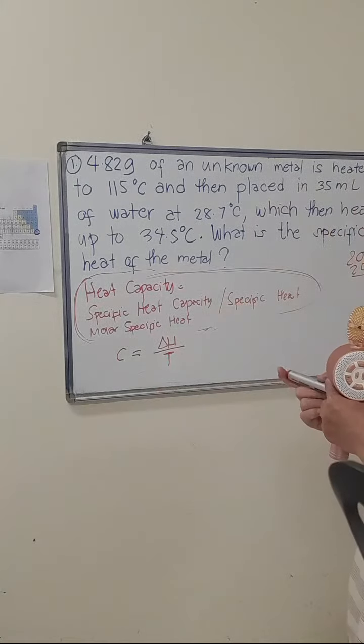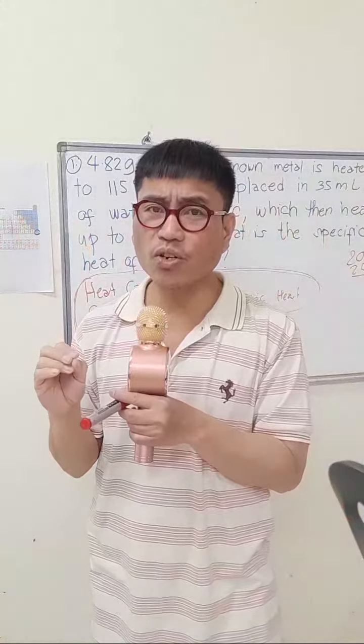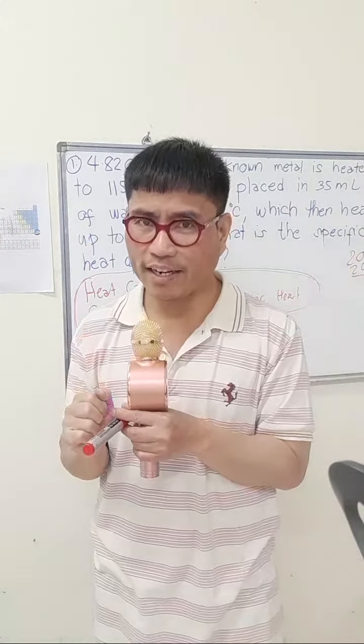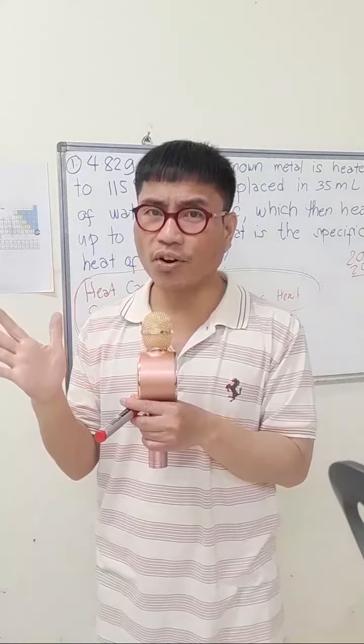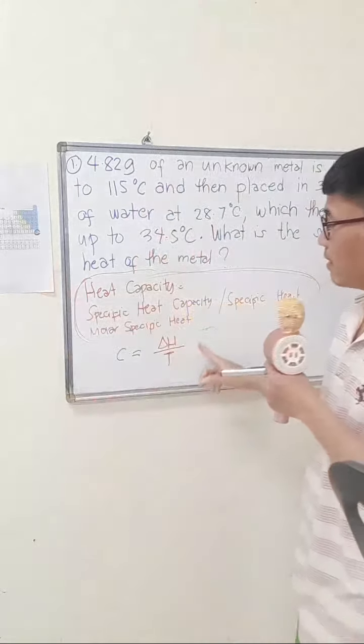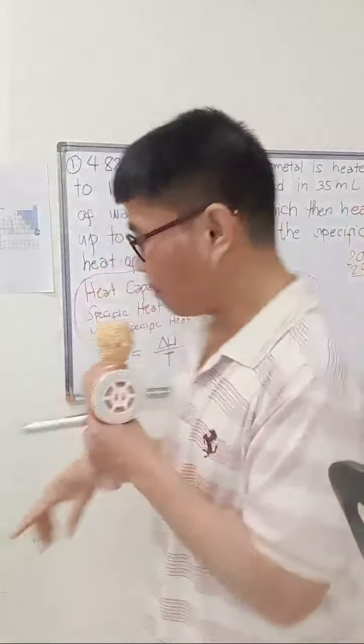The temperature here, guys, remember, is in degrees Celsius, no other. Again, the temperature here is Celsius. It is not Kelvin, it is not Fahrenheit, and it is not Rankine. You get the point.